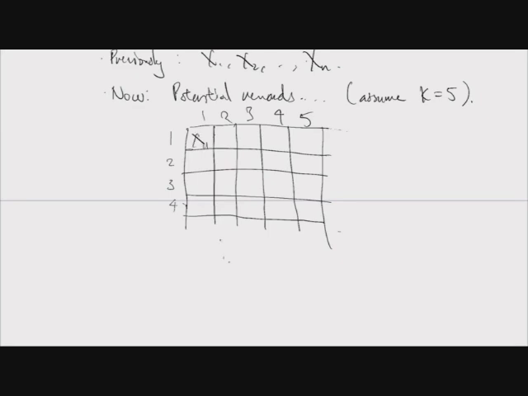Now for each column, the entries in the column, x1,1, x2,1, x3,1, and so forth, are all going to be drawn according to the distribution of rewards for arm 1. And likewise, for the second column, all the entries in this column are going to be drawn from the distribution of rewards for arm 2, and so on and so forth.